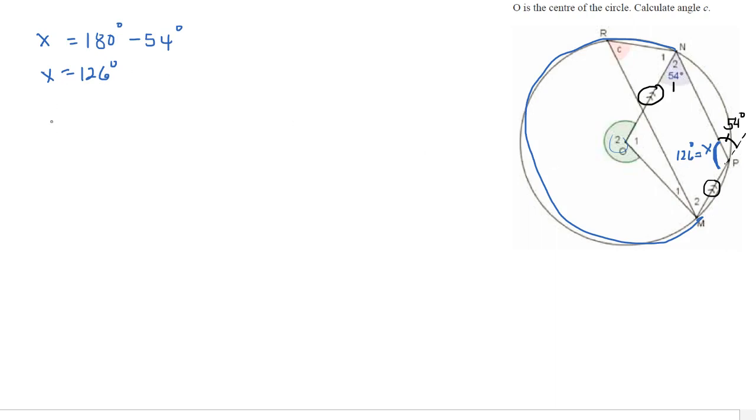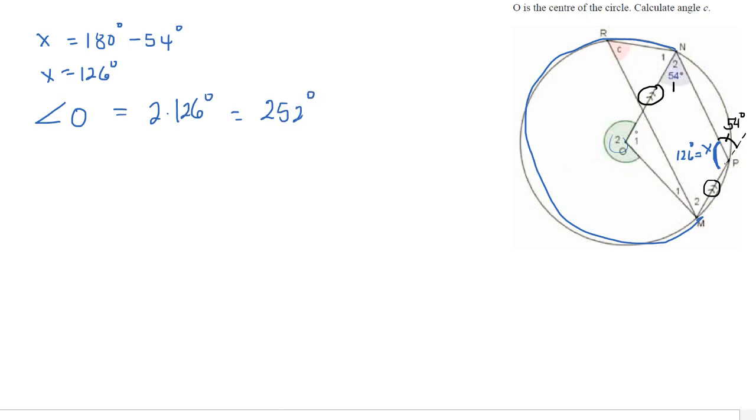So my central angle O is equal to 2 times 126 degrees, that's 252 degrees.